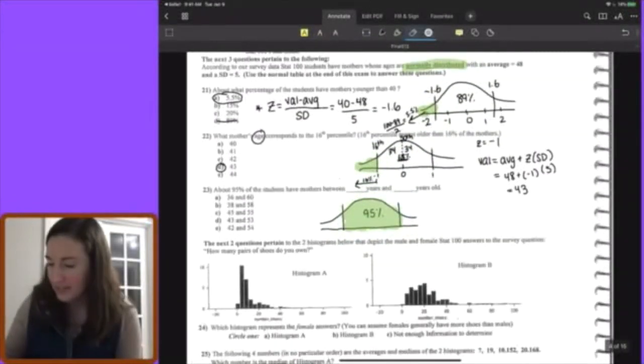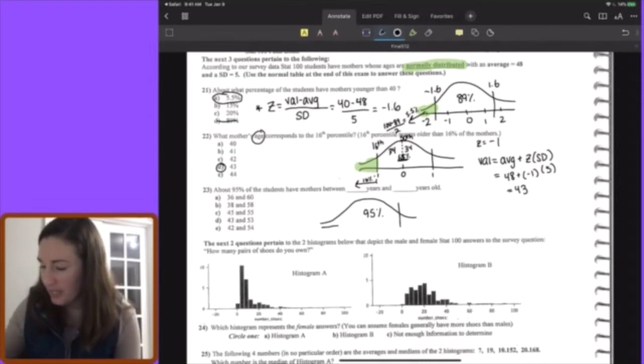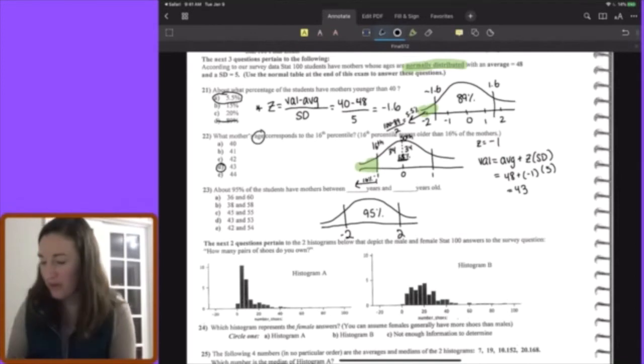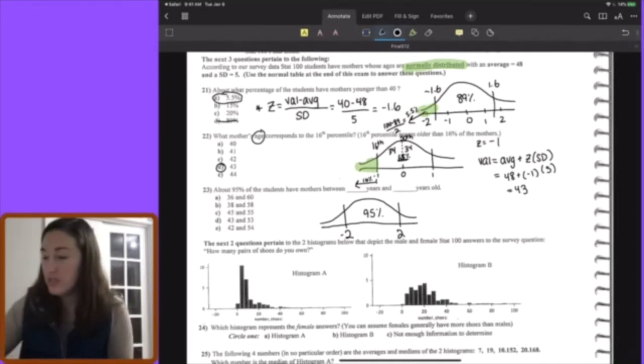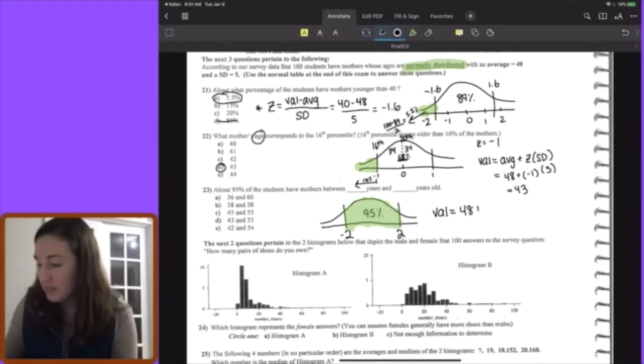Going back, this is -2. Again, why is this giving me all these problems? This is -2, this is +2. And then I just want to convert those to actual values. So I can use the value formula that I used previously. Value is equal to the average, which we said was 48, plus my z-score.